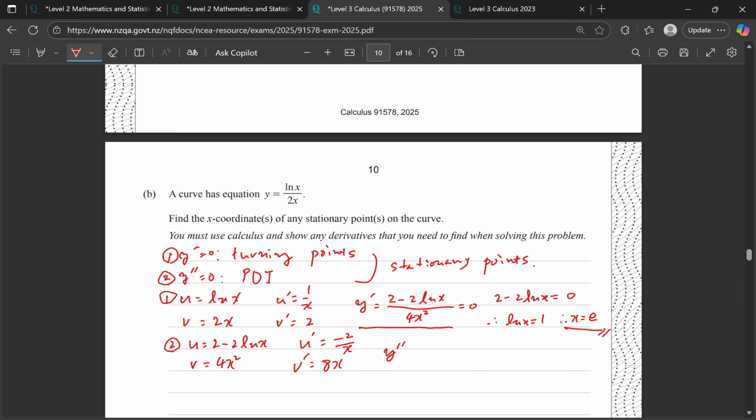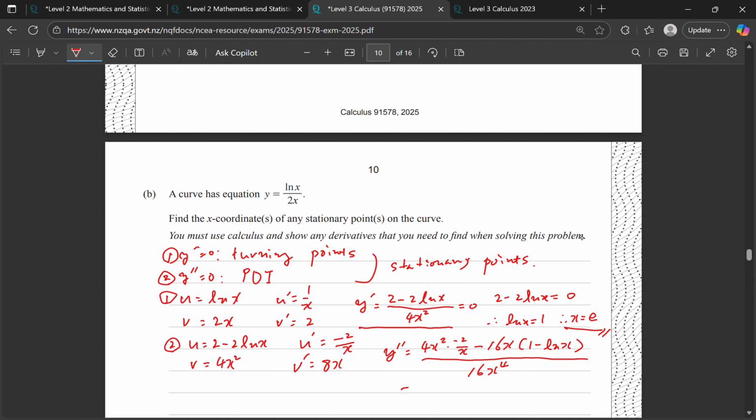Hence the second derivative is v u prime, which is 4x squared times minus 2 over x, minus u v prime, which is, I'm going to factorize by 2, so it becomes 16x times (1 minus ln x), isn't it? Over v squared, which is 16x to the power of 4, right?